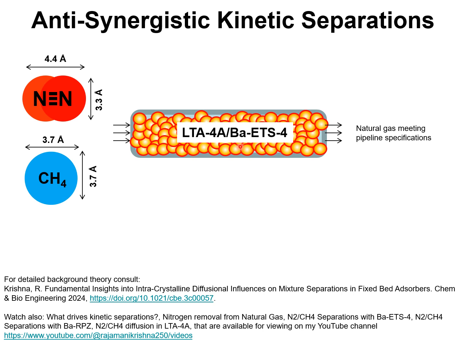By tailoring the pore diameter, say by using barium ETS-4, the diffusivity of nitrogen is several orders higher than that of methane. Indeed, methane is virtually excluded from the pores.